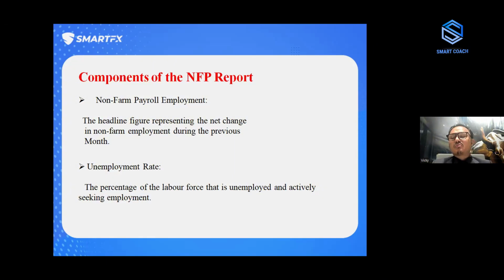If there is more unemployment in a country, it's a sign of a slowing economy. And as you know, when there is more unemployment, people don't have money at their disposal to invest or spend, and that's the reason the country's economy shrinks, and the value of that country's money goes down. So the unemployment rate is also very, very significant. All right.